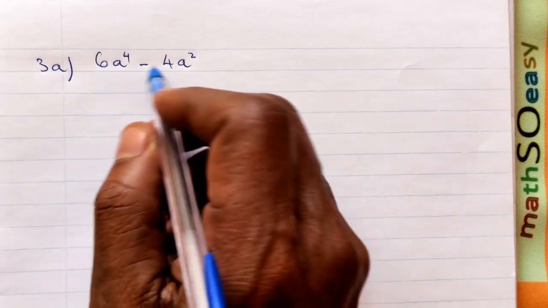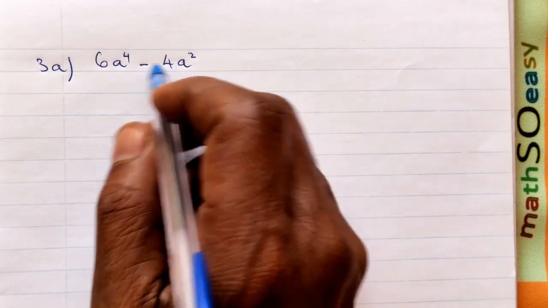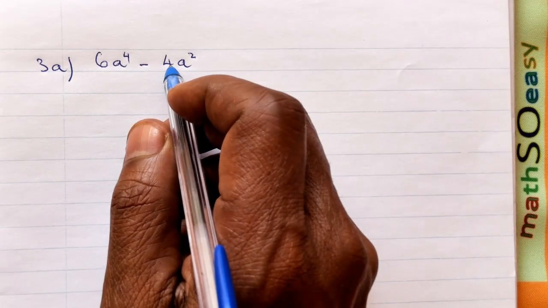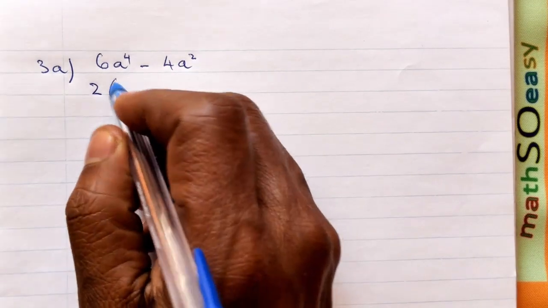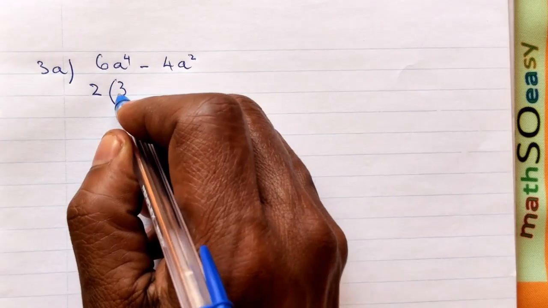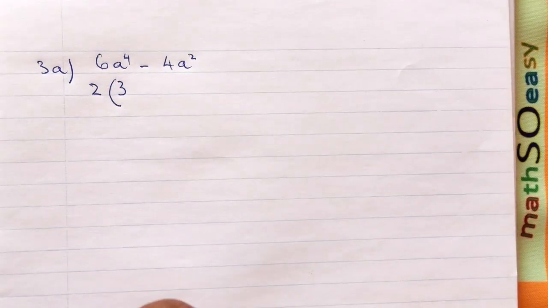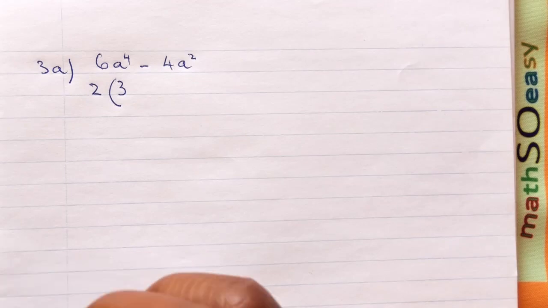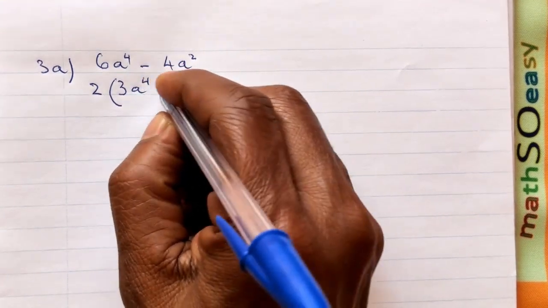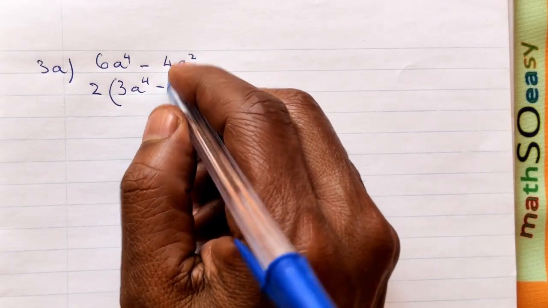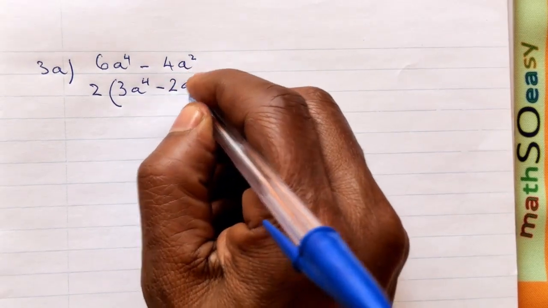I'm going to focus on the numbers. The HCF, highest factor, will be a 2, isn't it? So if I take out a 2, I will have a 3 there. And then what will I have? I will have a to the 4. Then I will have a 2, a to the 2.